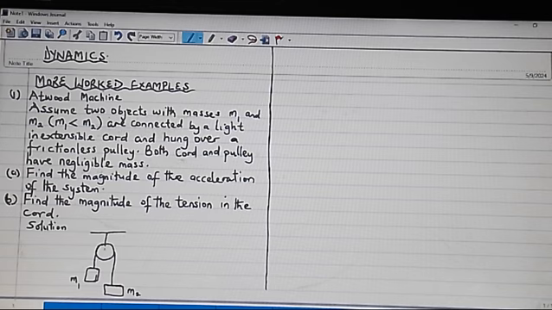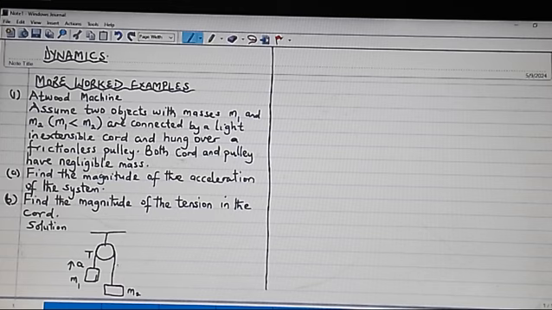Now the tension is along the string. Since M1 is less than M2, it implies that M2 will be capable, since they are connected by a single string, M2 is capable of pulling down M1. So the tension will be, let's call it T. The acceleration of M1 will be upward.